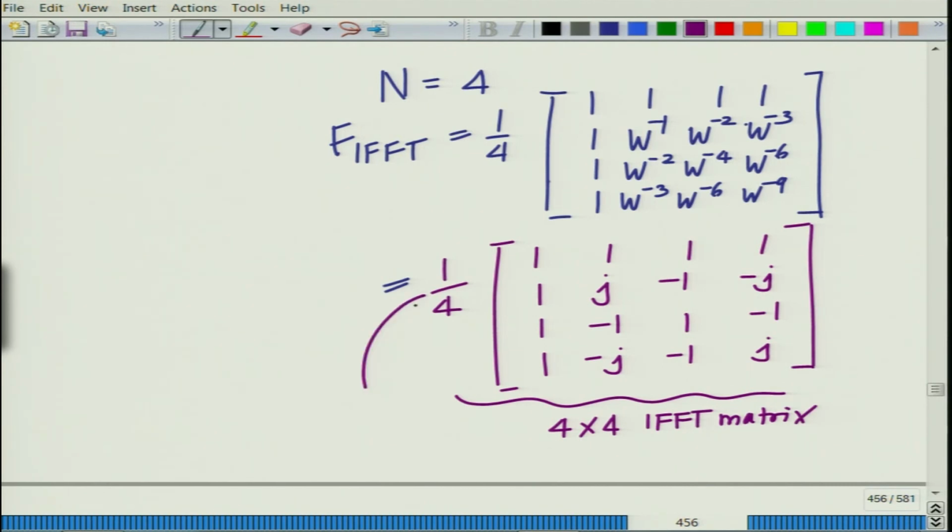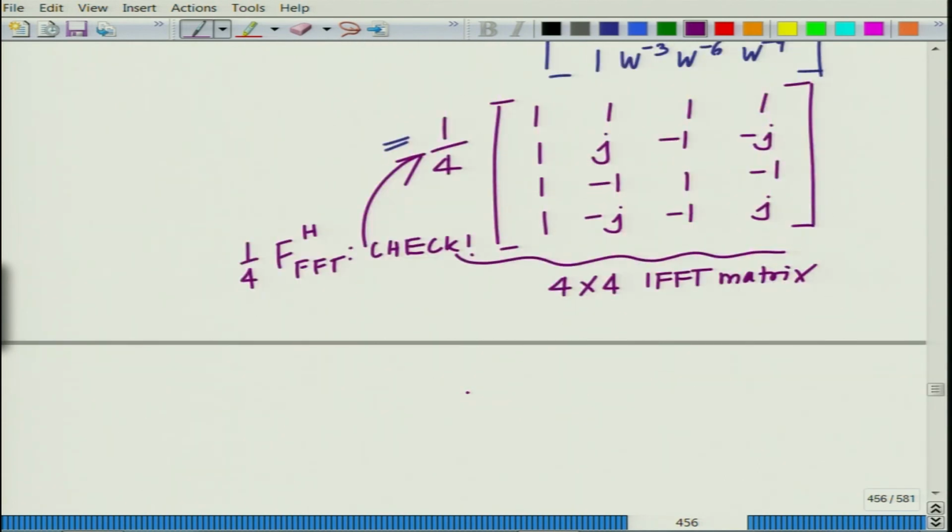Check, this is given as the FFT Hermitian divided by 4. So, this you can check, okay, and also check that FFT into IFFT equals IFFT into FFT equals identity.